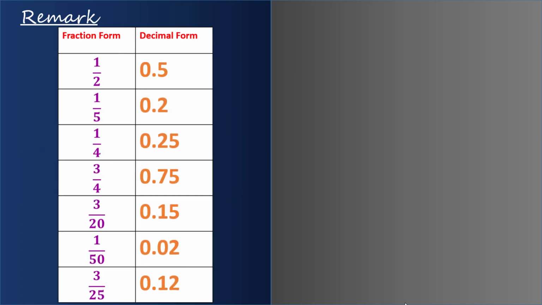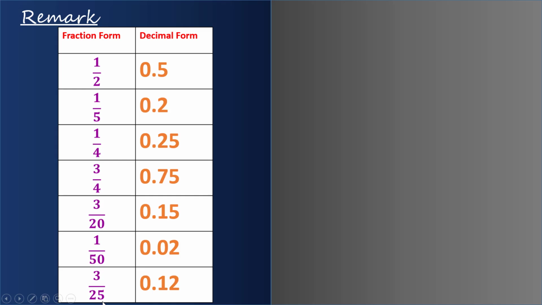Remark, we have here 2 tables, fraction form and decimal form. If he asks you, you can find it mentally directly. You must know that 1/2 equals 0.5, 1 over 5 equals 0.2, multiplying by 2 by the way, and the first one multiplying by 5. 1 over 4 we studied before, multiplying by 25, it will be 0.25. 3 over 4 also, it will be 0.75. 3 over 20 multiplying by 5, it will be 0.15. 1 over 50 multiplying by 2, it will be 0.02.